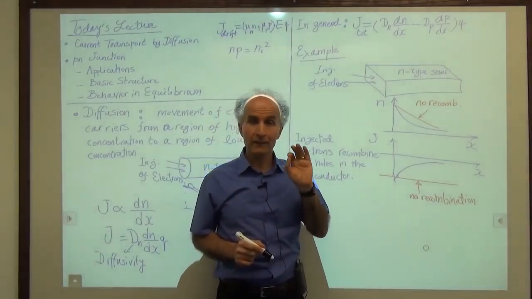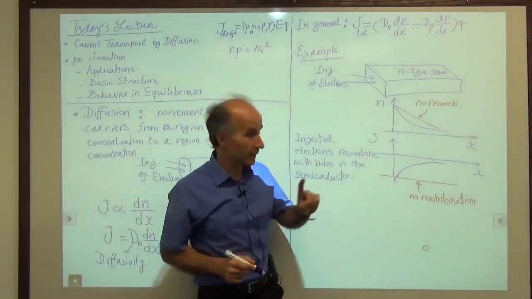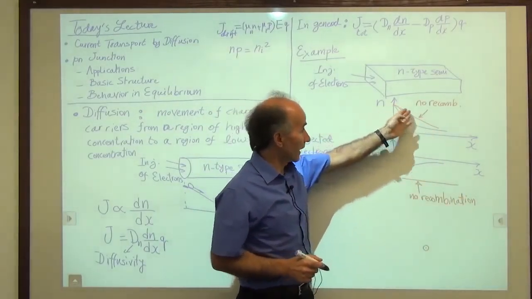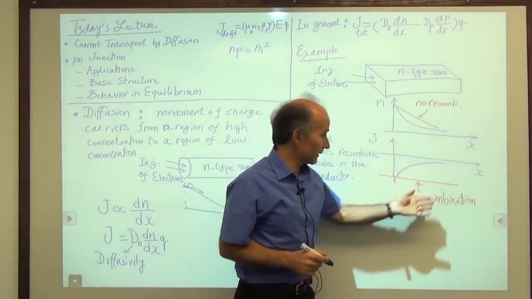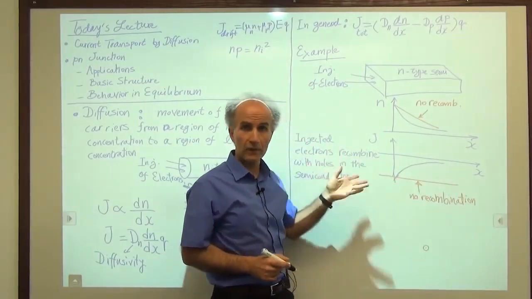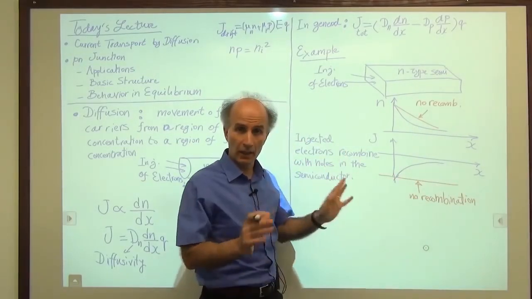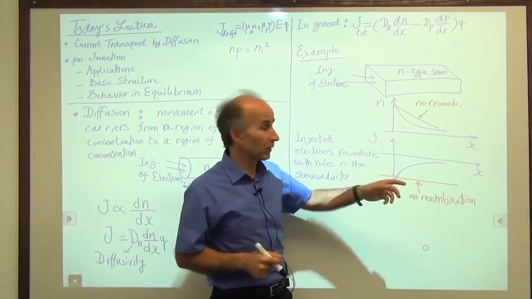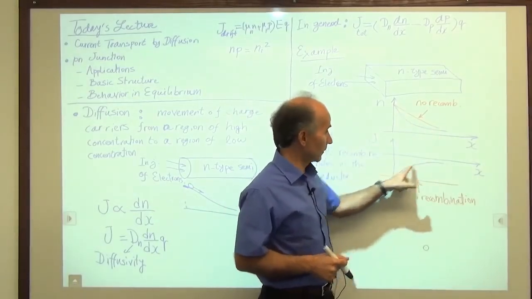The gradient in concentration still exists, but it's a straight line. So the current is constant, carried primarily by the electrons. There are not that many holes in there, and everyone is happy. On the other hand, if the holes are not that small, then we will see something like this, and something like that.